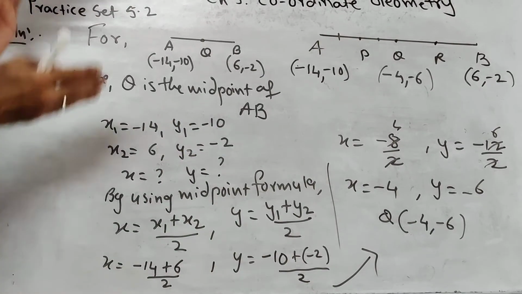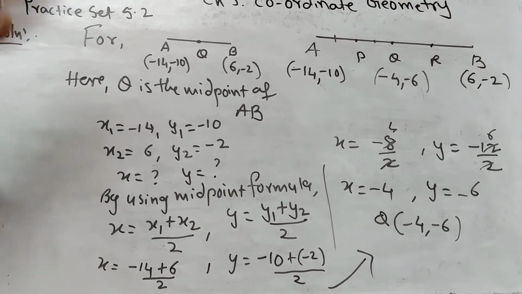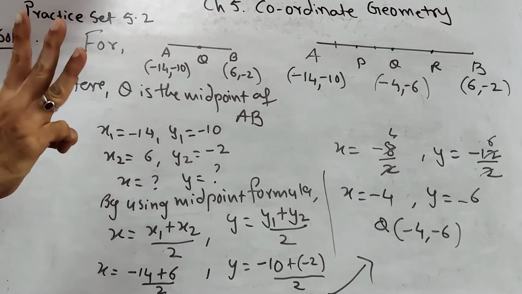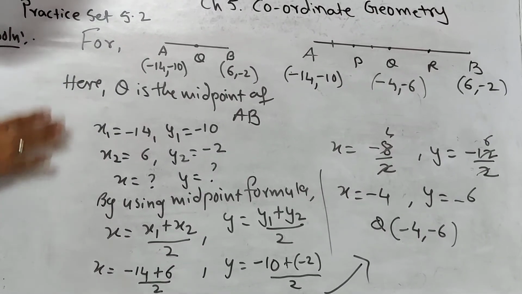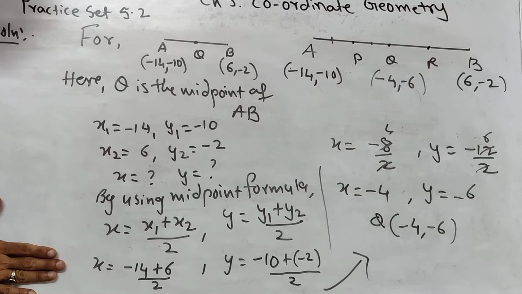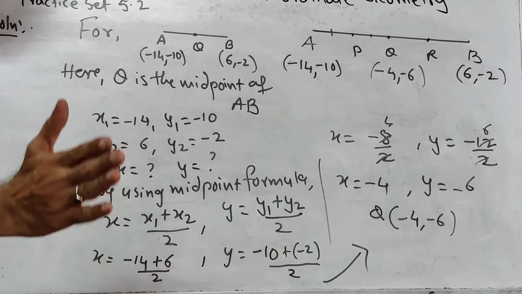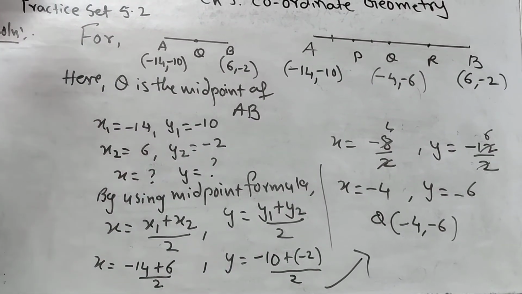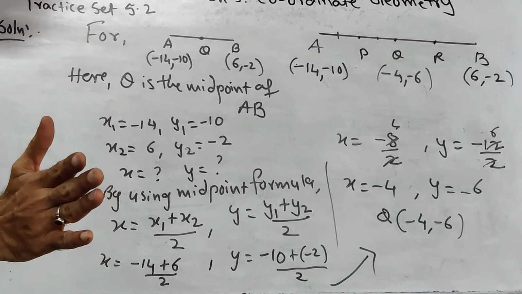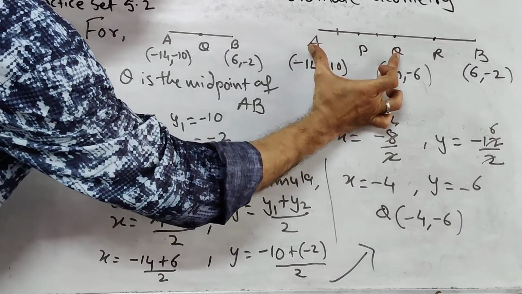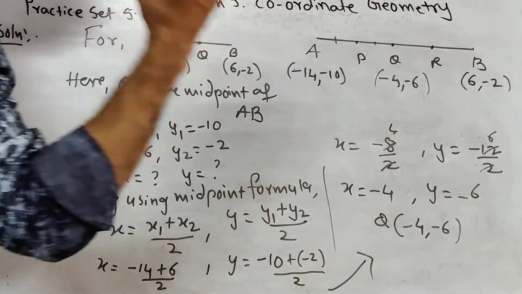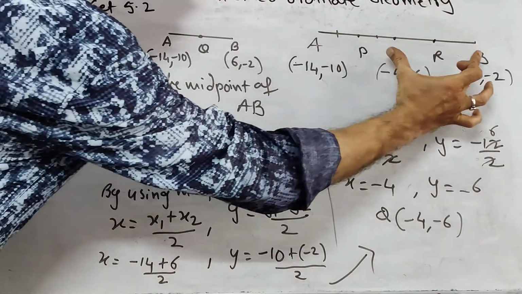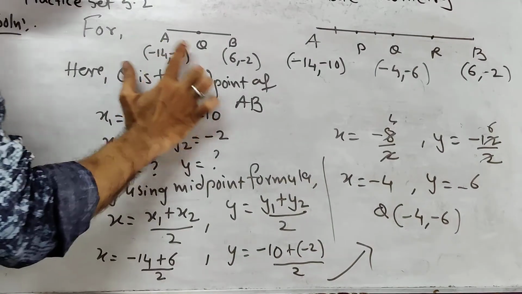So in this sum, three times we are using the midpoint formula. One time I showed you that. I hope you are knowledgeable now. You can solve the second time by taking these coordinates, and the third time by taking this part, like how I have done.